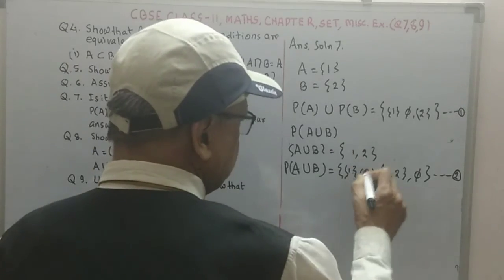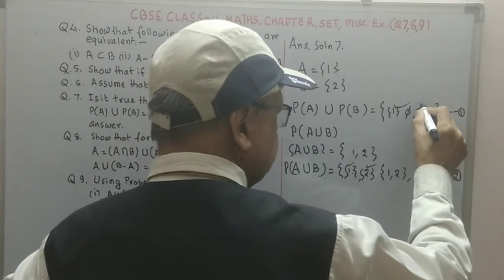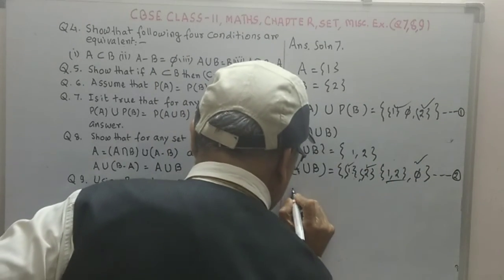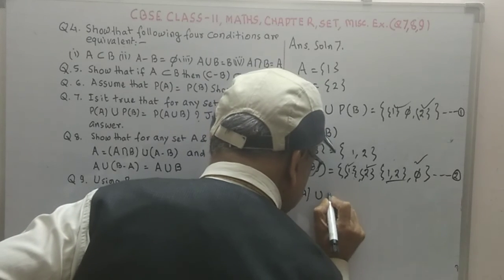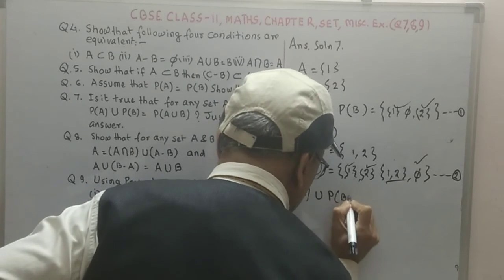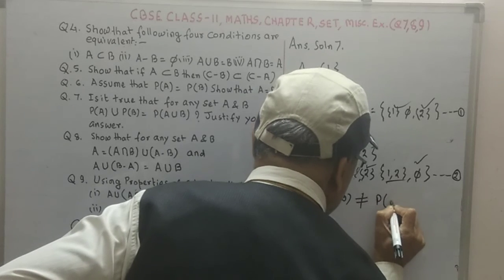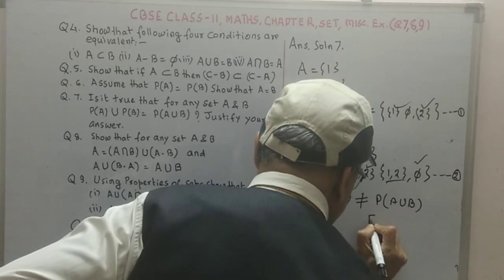So this you see, if 1 is there, yes, 2 is there, yes, 5 is there, yes, but 1 and 2 is not there. So power set A union power set B is not equal to power set A union B. This is false.